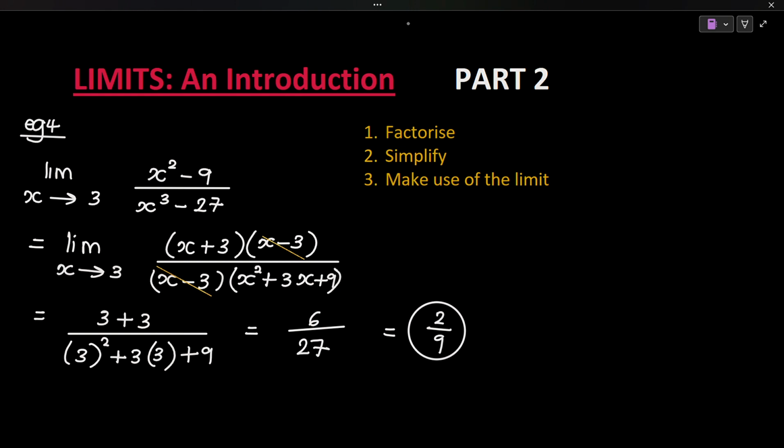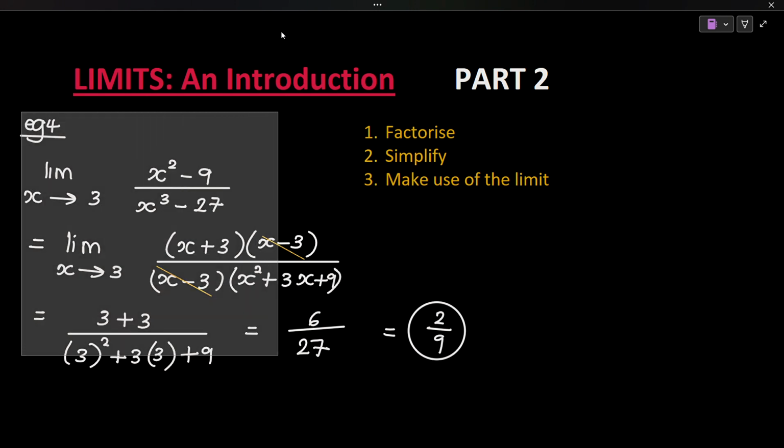This tells us that for this function, x squared minus 9 over x cubed minus 27, as the x values approach 3, the y values approach 2 over 9. Let's look at another example.